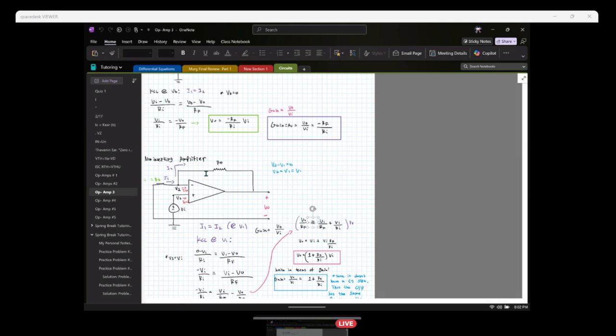That will give you VA, and then you do voltage division. 8 minus the VA voltage, which would be... So that means that at VA it's also 8.